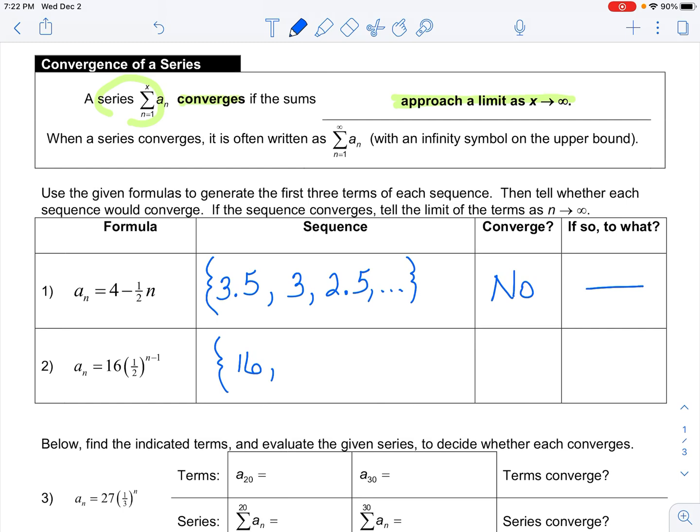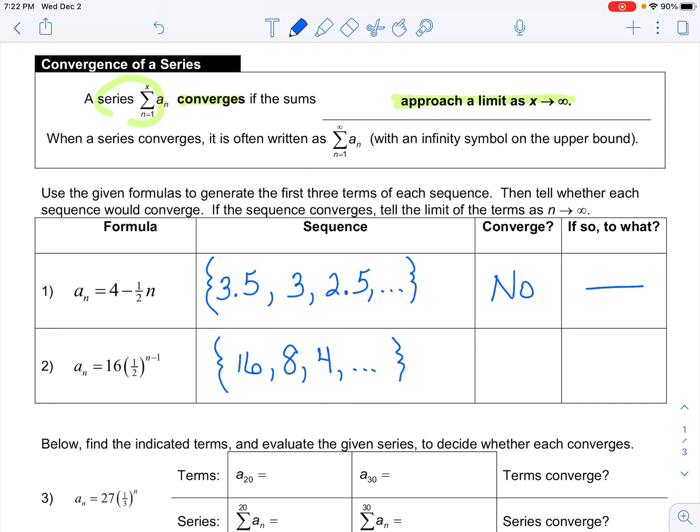Then if I let n be 2, it'll be 16 times 1/2 raised to the 2 minus 1, and I get 8. If n is 3, I get 16 times 1/2 raised to the 3 minus 1, and I get 4.